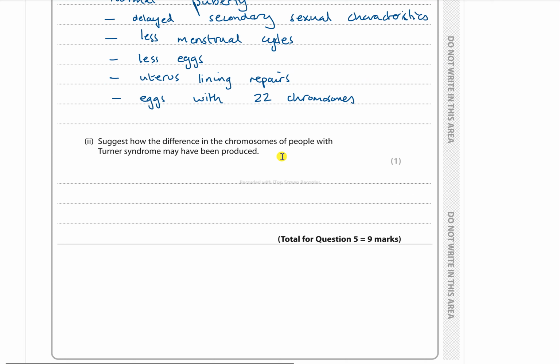Suggest how the difference in chromosomes of people with Turner syndrome may have been produced. Okay, mutate.